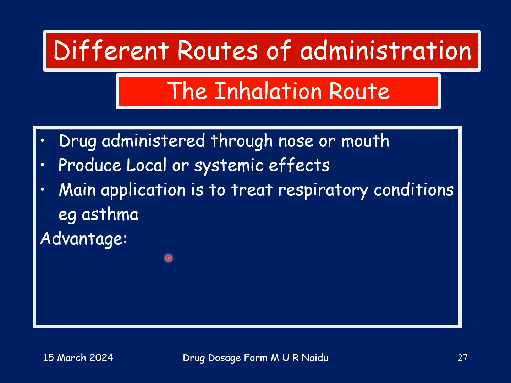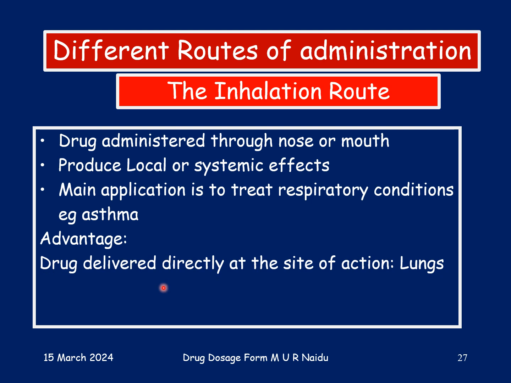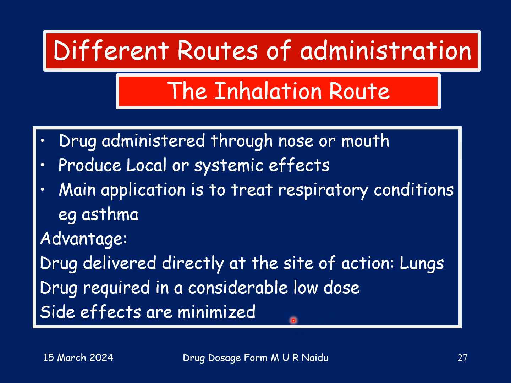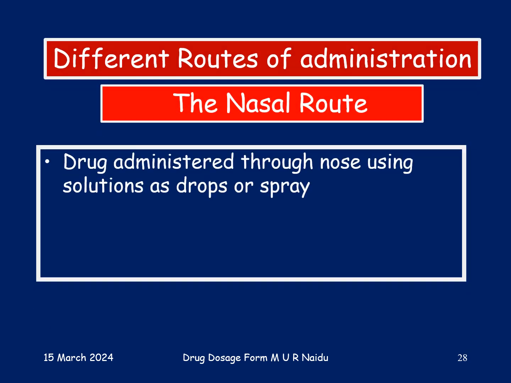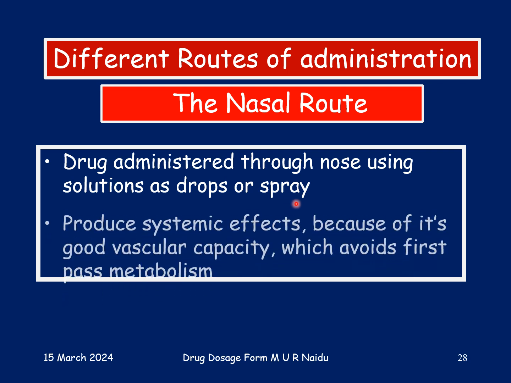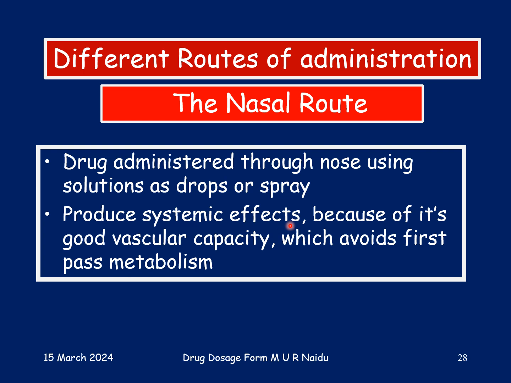Advantage is the drug is directly delivered to the site of action, that is the lungs. Drug requires considerably low dose. Side effects are minimized. Nasal route: drug administered through the nose using drops or spray. It can produce systemic effect because of good vascular capacity, which avoids first pass metabolism.